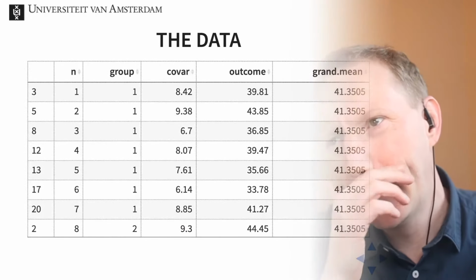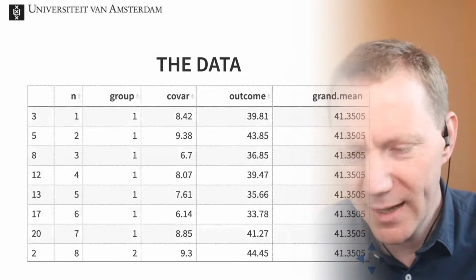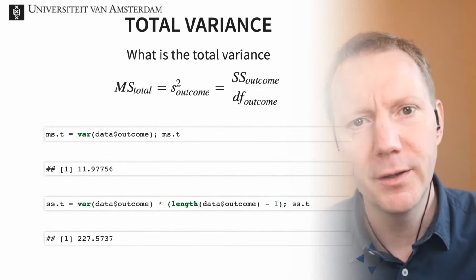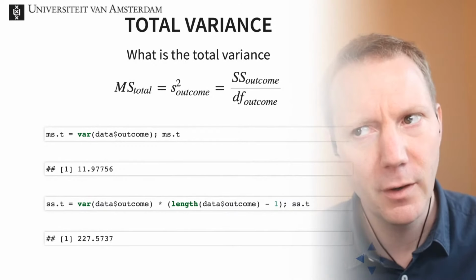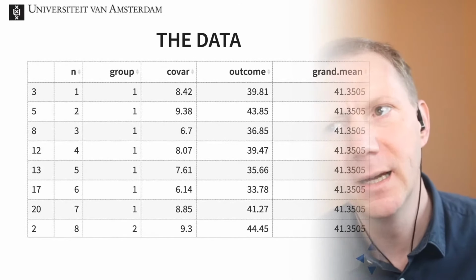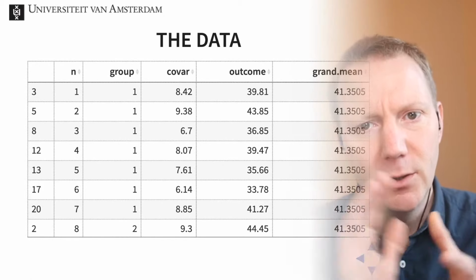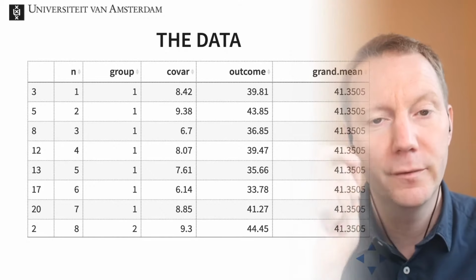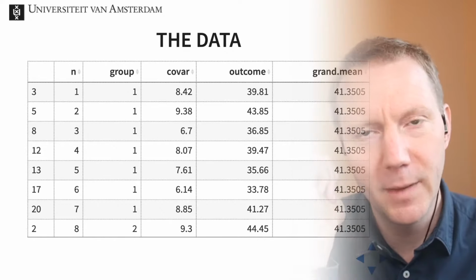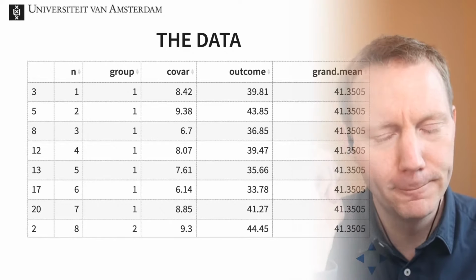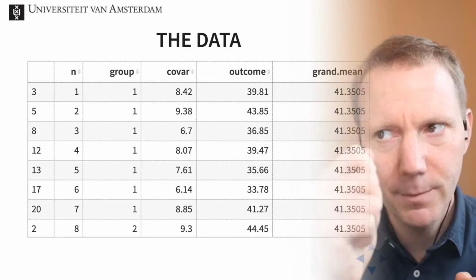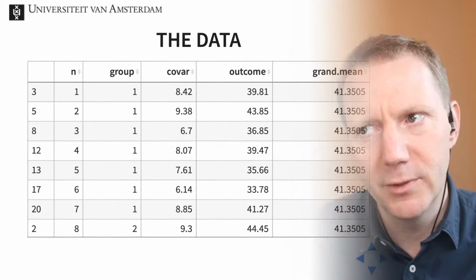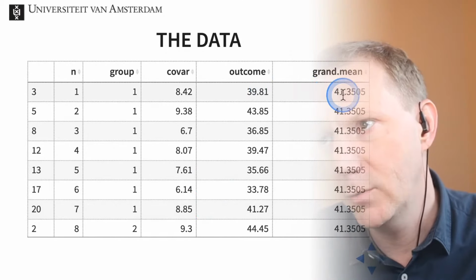To get a notion of what this means, we go back to understanding the definition of variance, meaning the difference between the mean of the group, in this case of our outcome variable extroversion, and the actual scores that we found. So the difference from the grand mean.